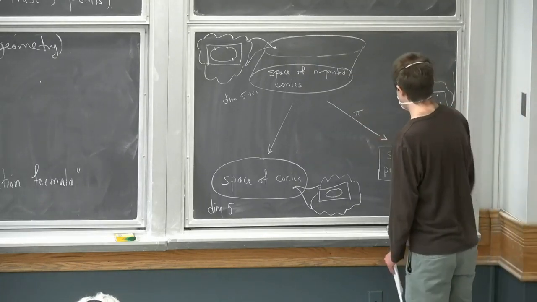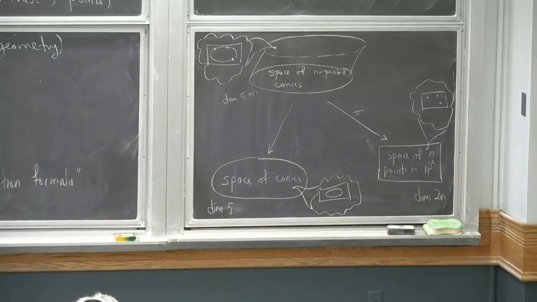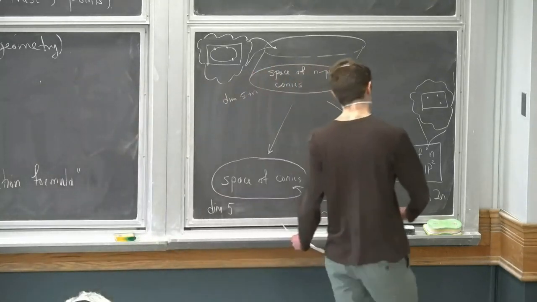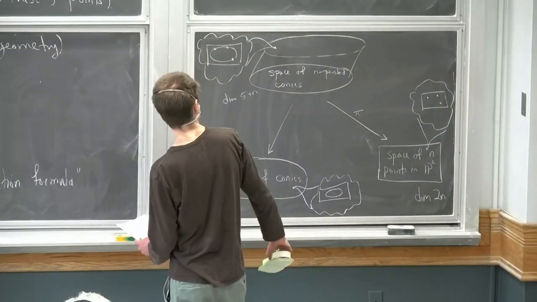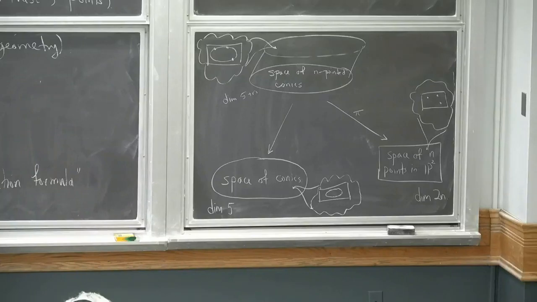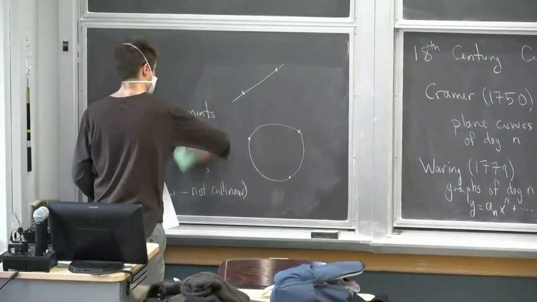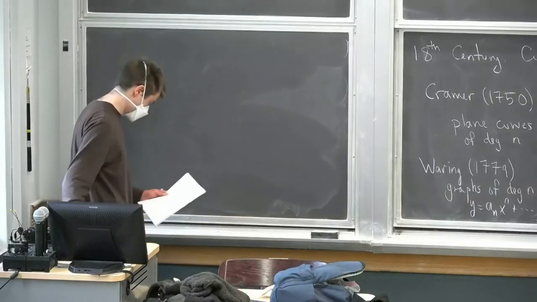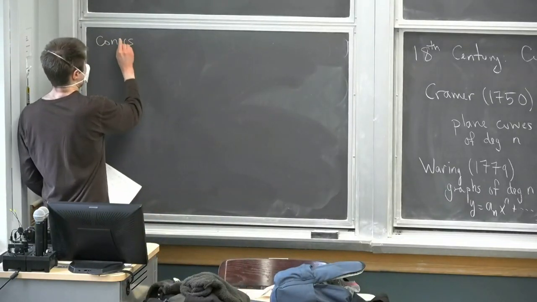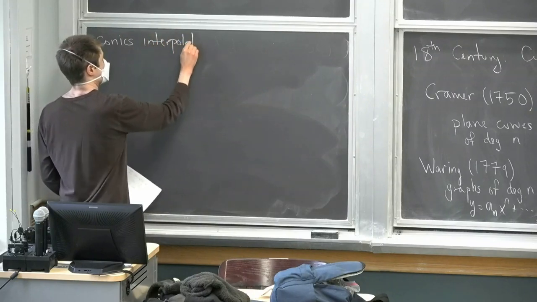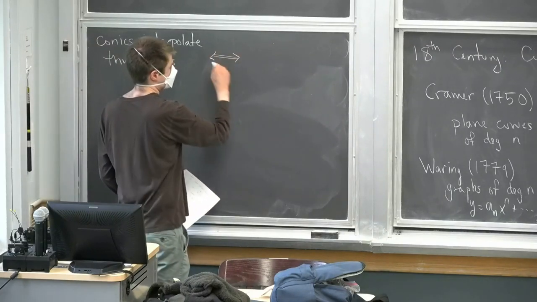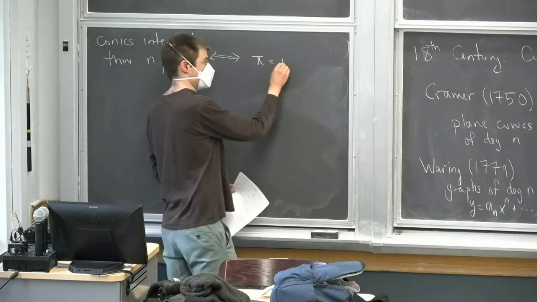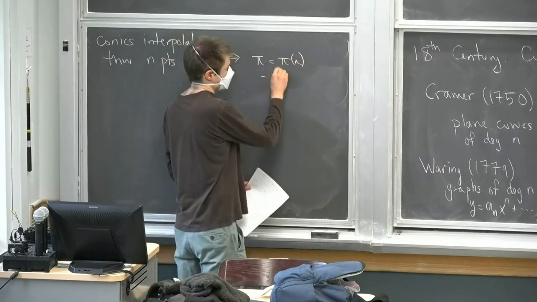And so, to say that conics interpolate through n points, well, that's the same as saying that this map pi, which of course depends on n, is dominant.